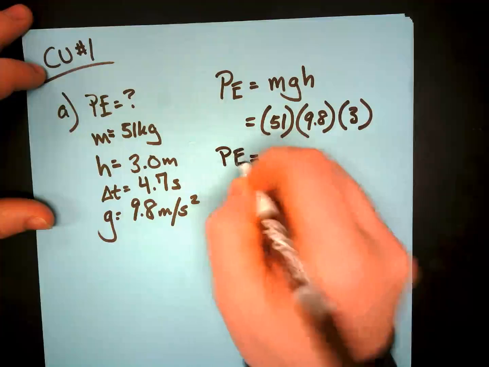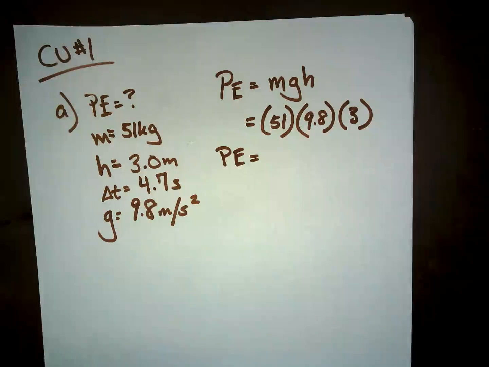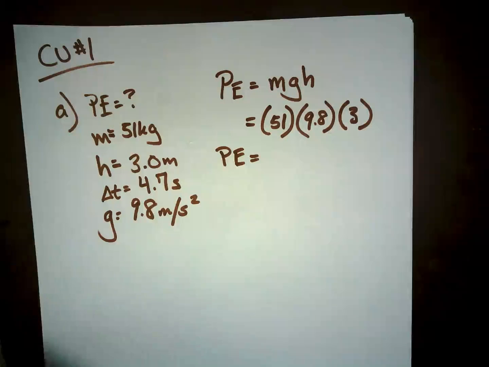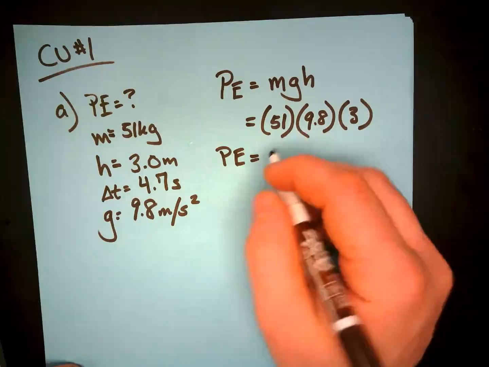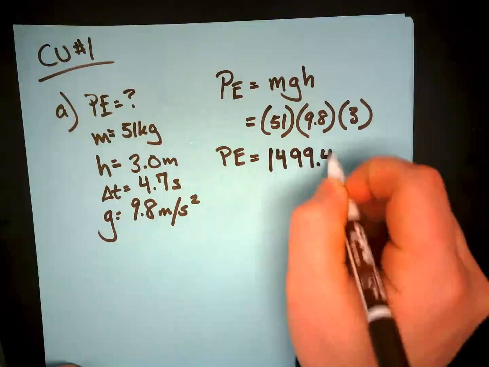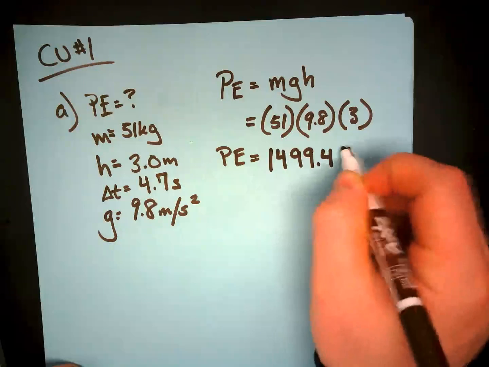And the potential energy that this individual has at this height, getting my handy dandy calculator out, 51 times 9.8 times 3, gives me an answer of roughly 1,499.4 joules.